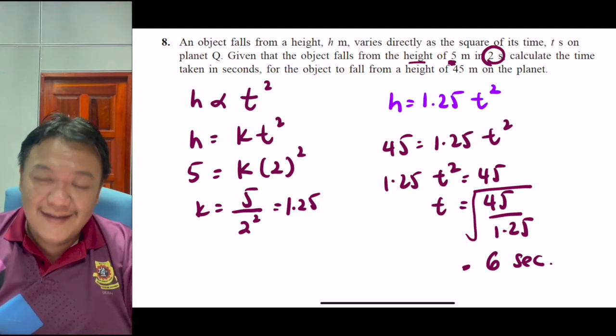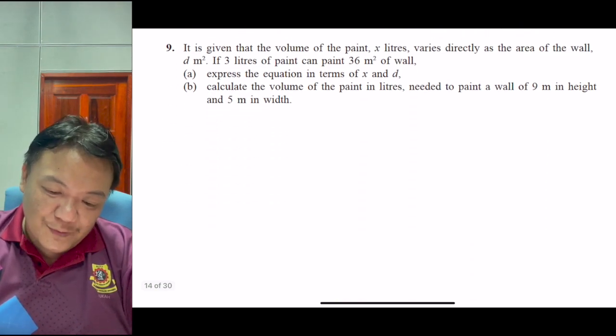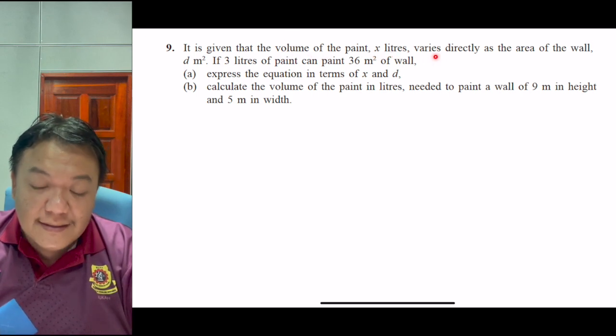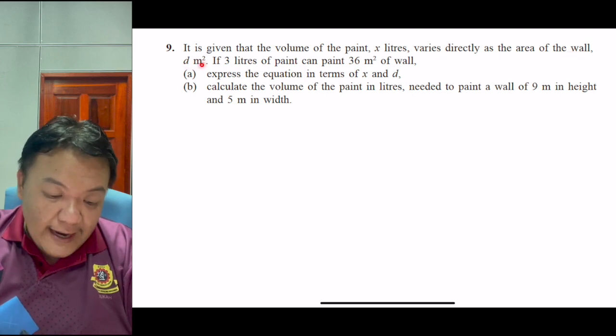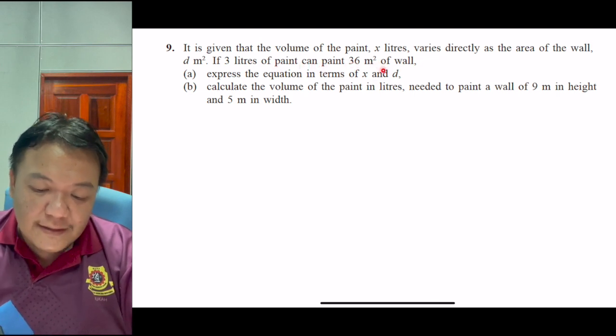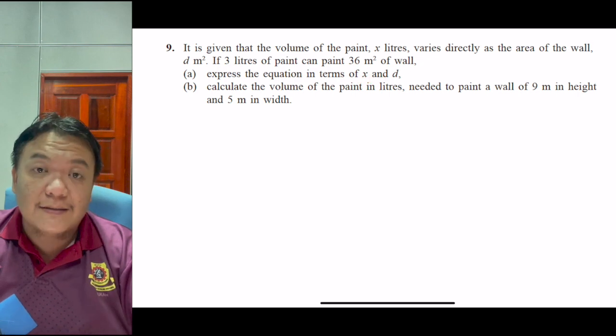Easy, right? Okay, for the last question, let's read it together. It is given that the volume of the paint x liters varies directly as the area of the wall d m square. If 3 liters of paint can paint 36 meters square of walls, express the equation in terms of x and d.